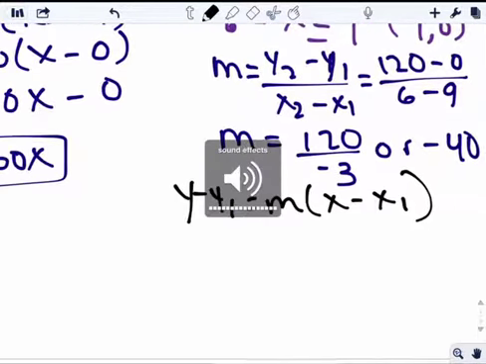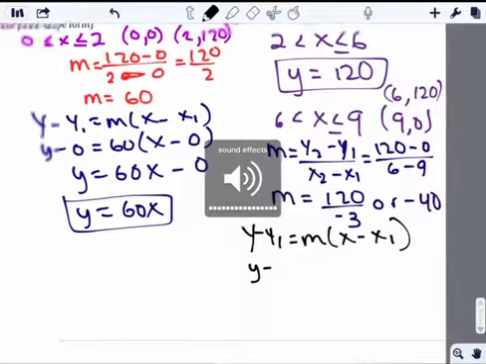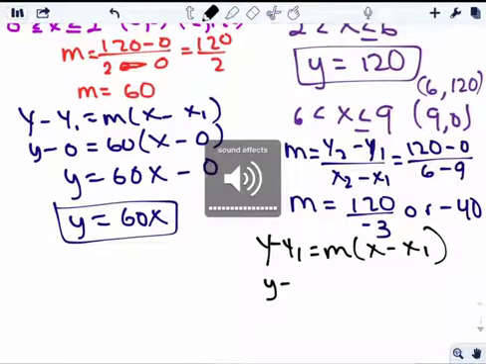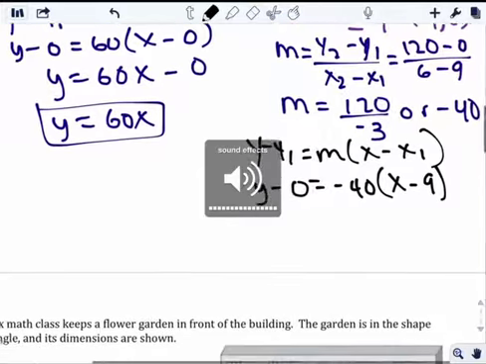That gives me y minus y1, which is, I'll use the 0 here for x1, y1. So y minus 0 equals m, which is negative 40, times (x minus x1, which is 9).